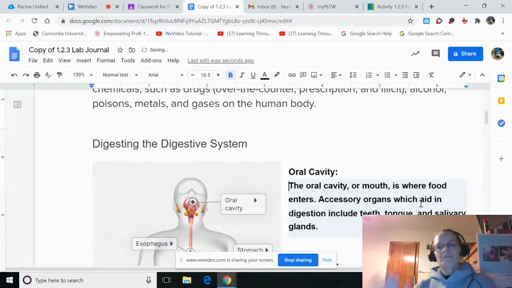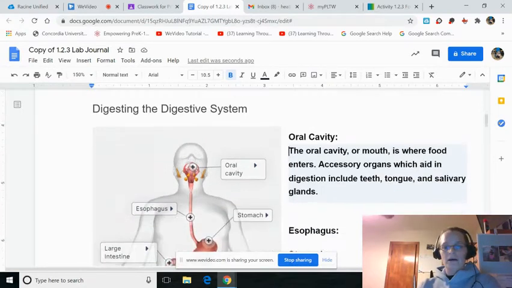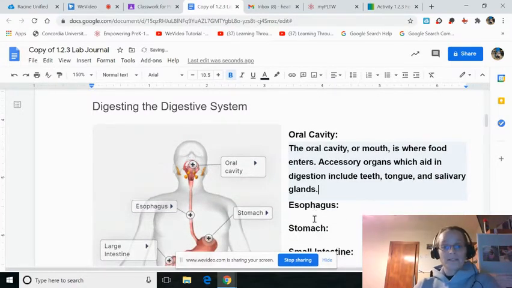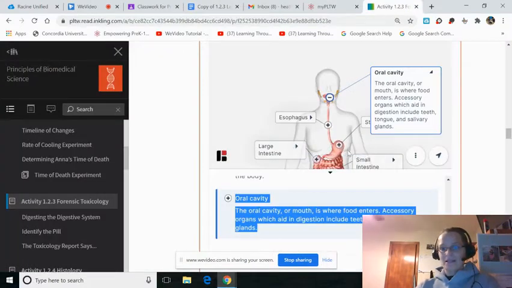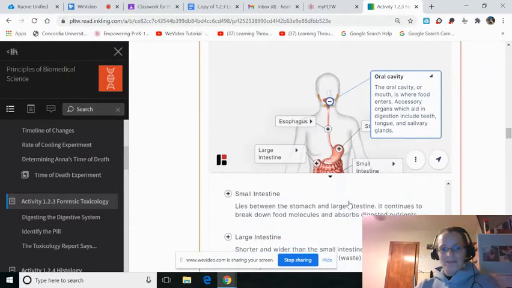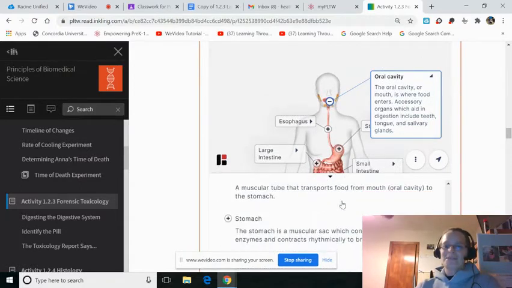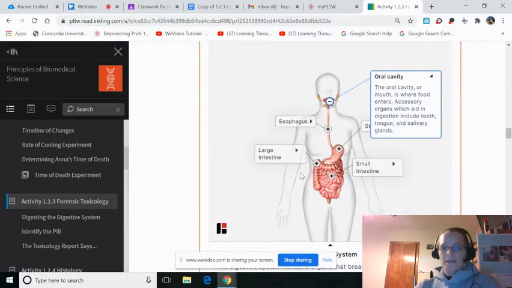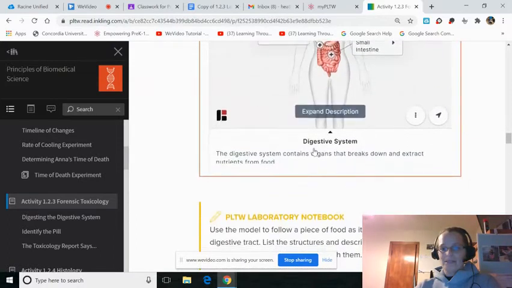The oral cavity is the mouth. Accessory organs are your teeth, your tongue, the salivary glands. Your saliva contains amylase, which starts the breakdown of carbohydrates. All right, so esophagus. Let's see. I am trying to find, because I like to be lazy, the esophagus so I can copy and paste.